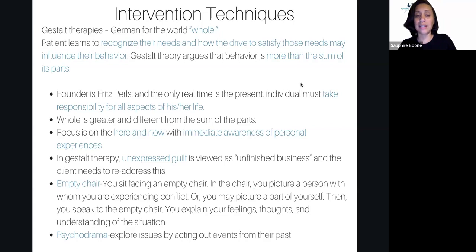So when you see things like empty chair, psychodrama, those are techniques underneath that therapeutic approach or therapeutic modality, however you want to call it.